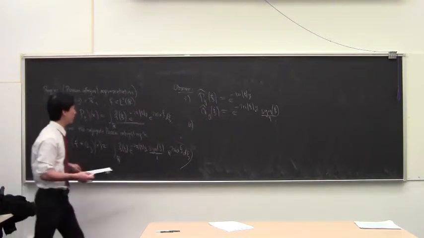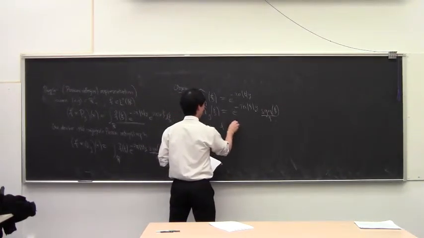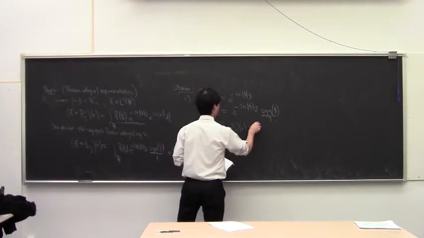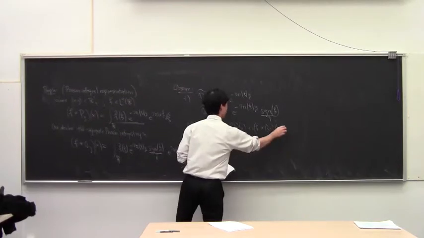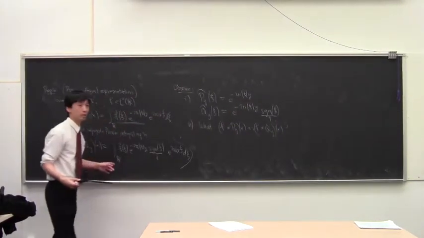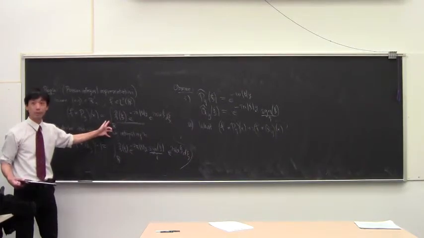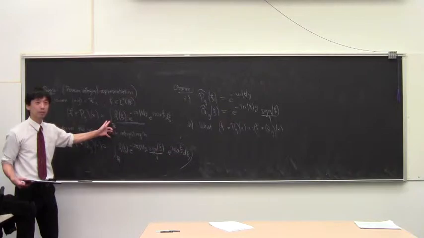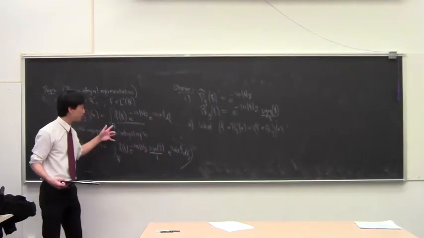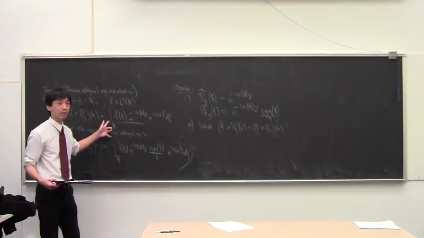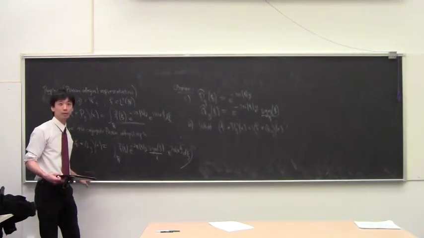Well, you're just going to get the integral on the right, but it's going to be from zero to infinity, because you're multiplying by the sign of ξ. So you're going to get twice the integral from 0 to infinity. You lose the negative portion of the integral.